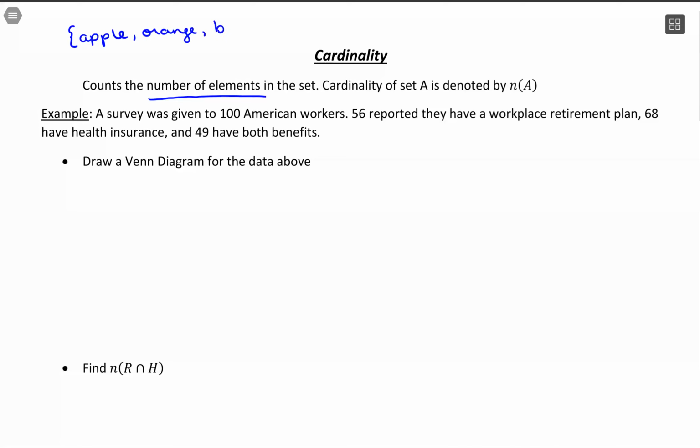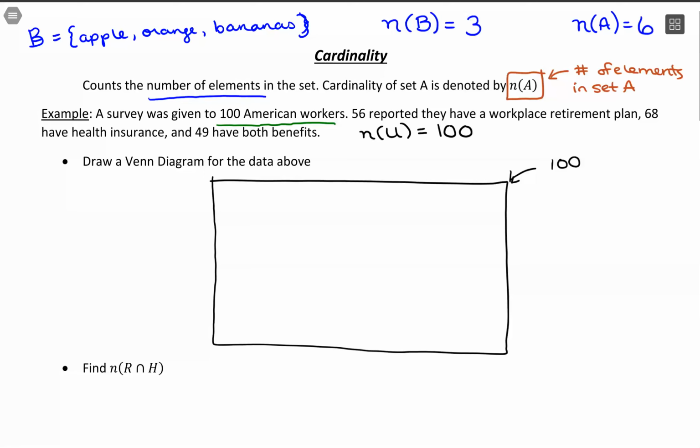What I have an idea of so far for my Venn diagram is my universal set, which overall everything should add up to 100 when I get in there. So that's giving us this overall value. In fact, you could even write, in terms of notation, the cardinality of our universal set here for this question is 100. That's notation I could use there.